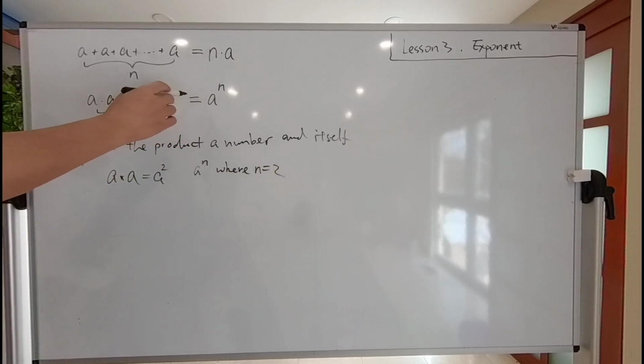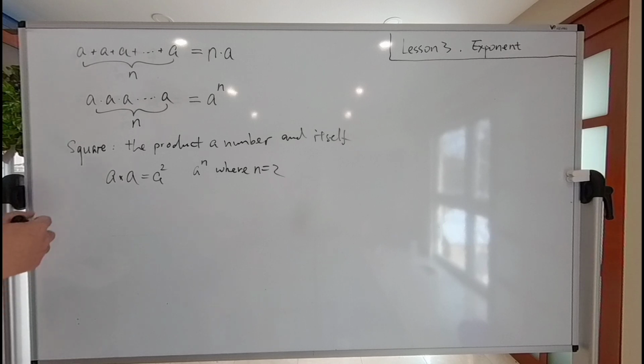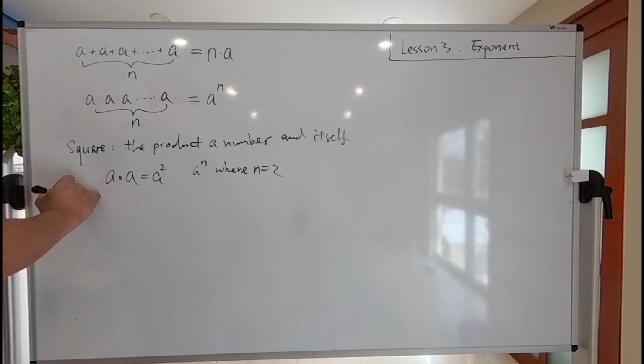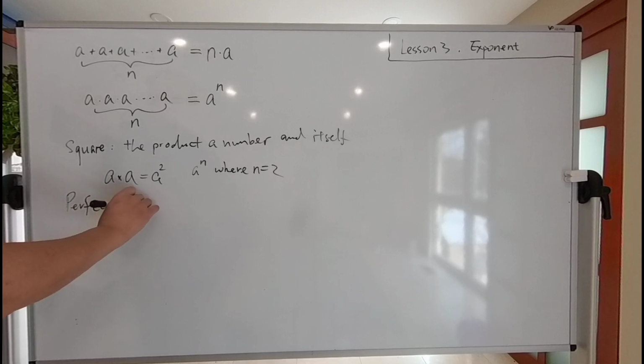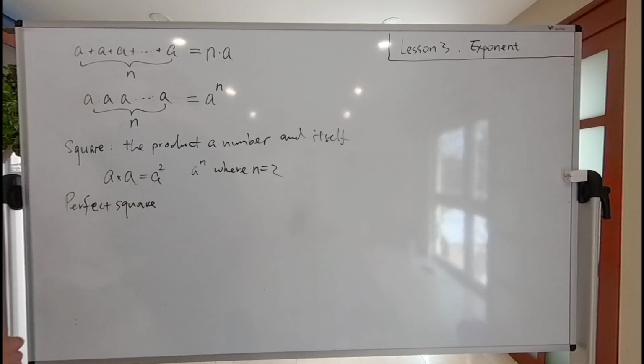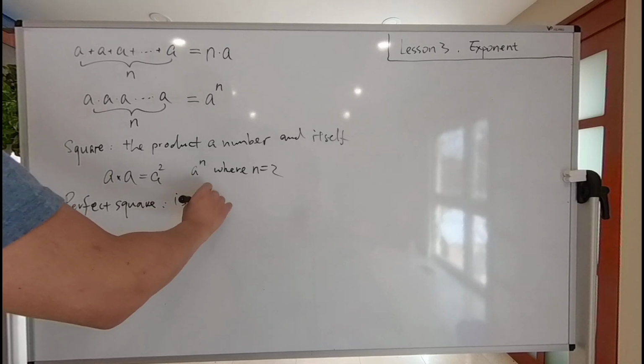We'll go back to the general, more complicated case, but we'll now start with the simplified scenario of squares first. You may also have already heard about perfect squares. A perfect square is the square of an integer.